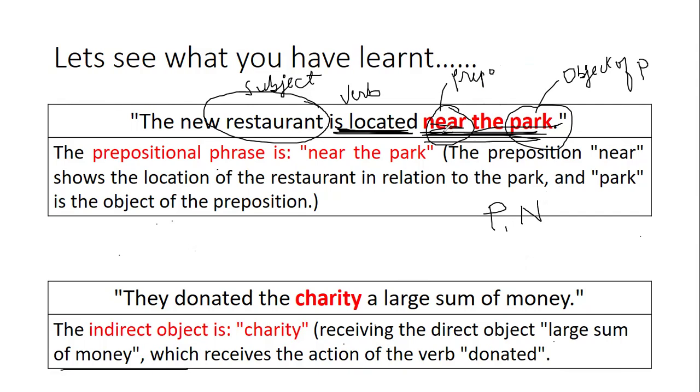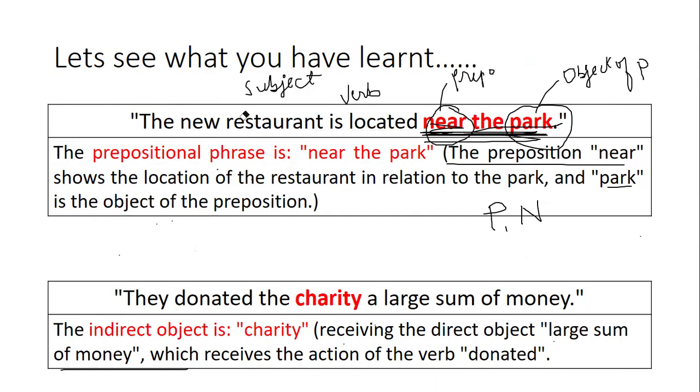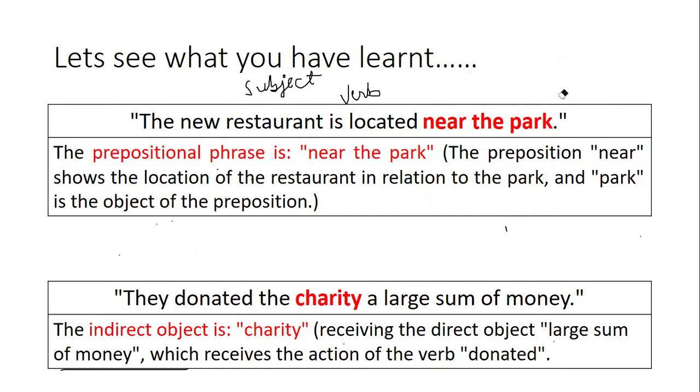The preposition near shows the location of the restaurant in relation to the park. So the park is our object of preposition. You'll have to find out the relationship of the verb and the object of preposition, and that relationship is shown with the preposition.